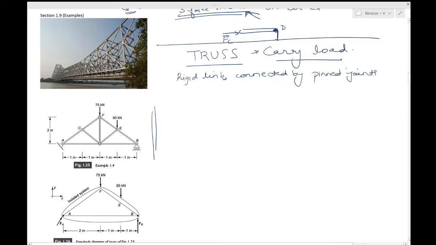What does it do? It carries loads at E and F. At E it carries a load, at F it carries a load, a point load, acting at these 2 points.